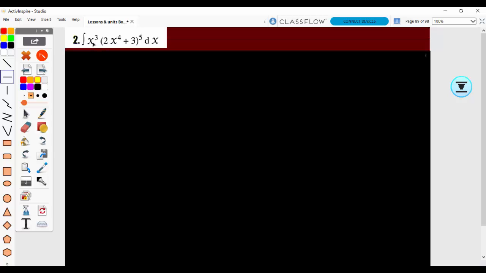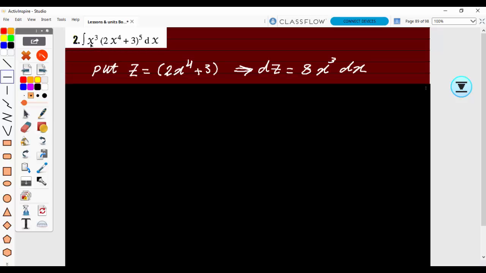Here we have x^3, here we have x^4; 4 is greater than 3. So let z equals 2x^4 + 3, and we take the first derivative to get dz equals 8x^3 dx.